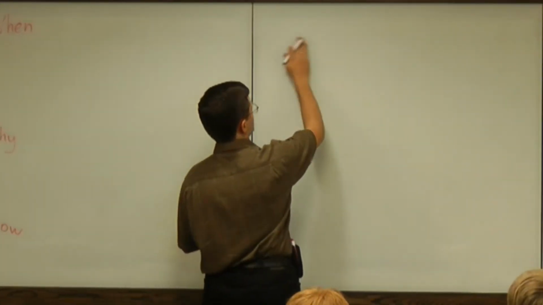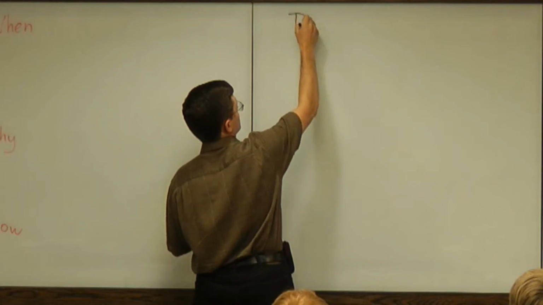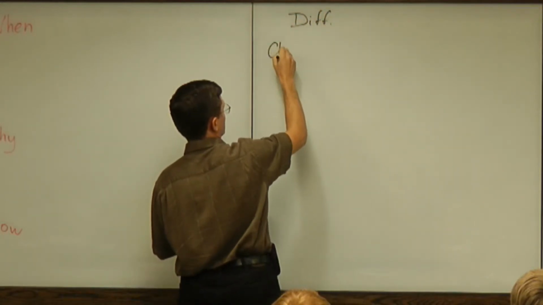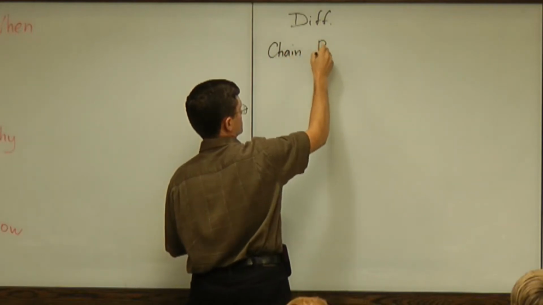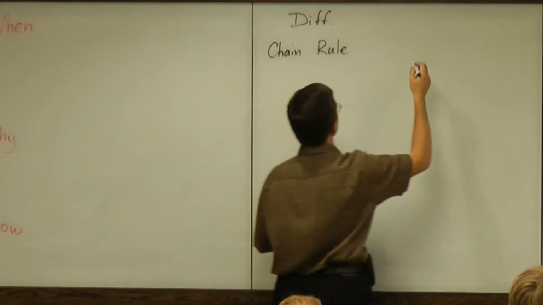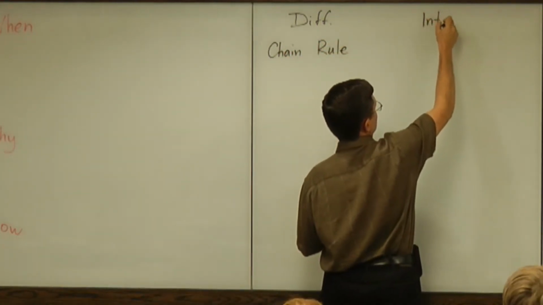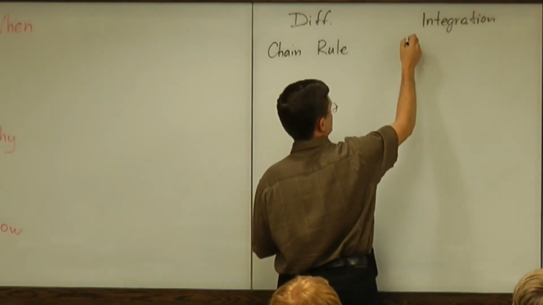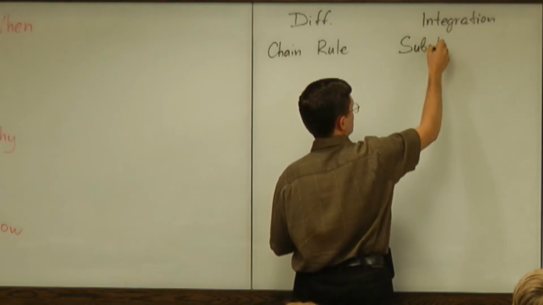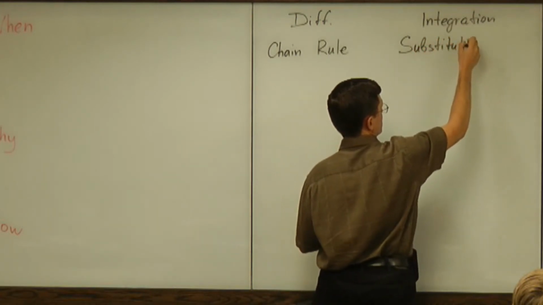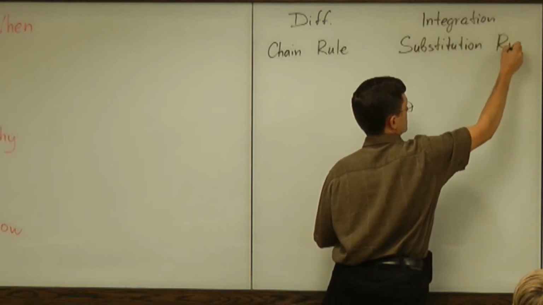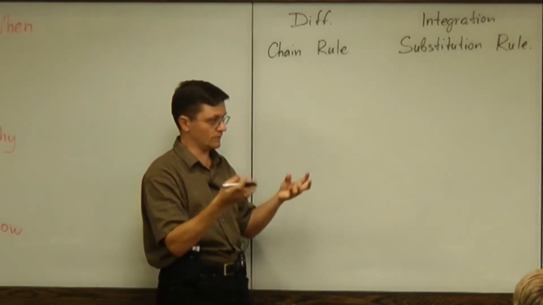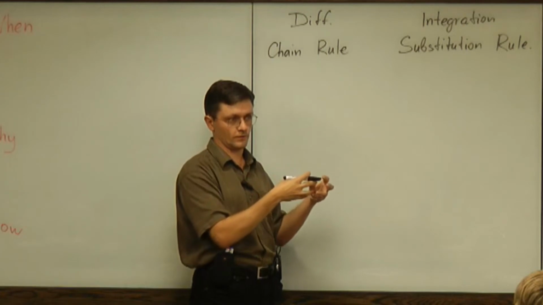It comes from differentiation. In differentiation, we have the chain rule, and then in integration, we have this substitution rule. Those are about the same phenomenon, about composition of functions.